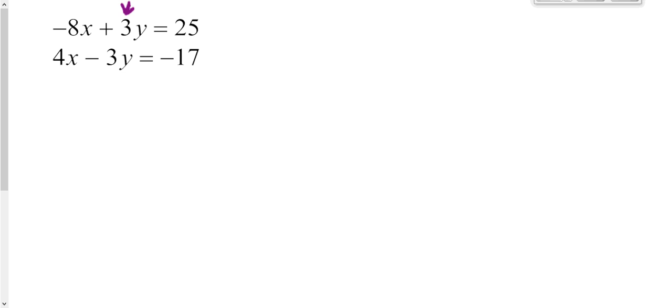Once we've identified which variable has the equal coefficients, we're going to look at their signs. I have a positive 3 and I have a negative 3. Because they're different, we're going to end up adding both of these equations together.